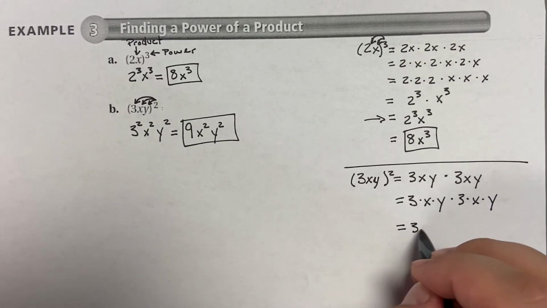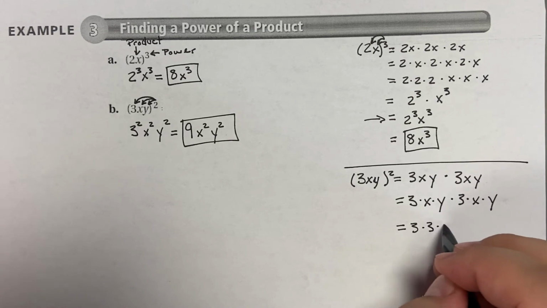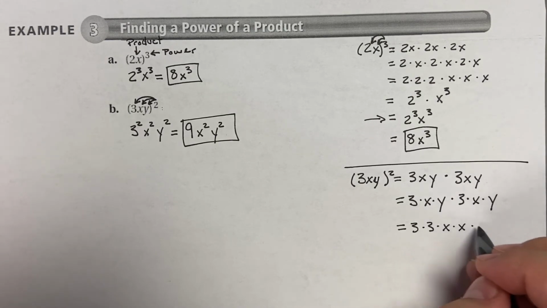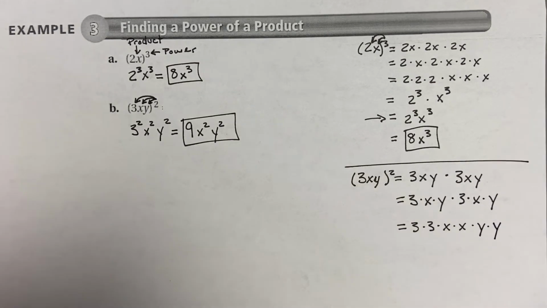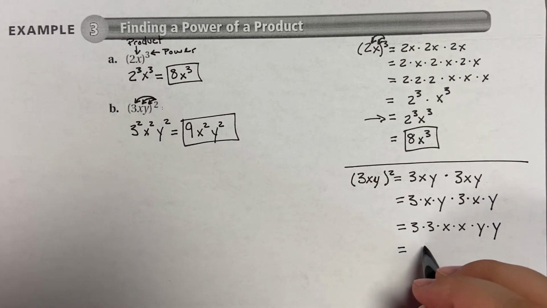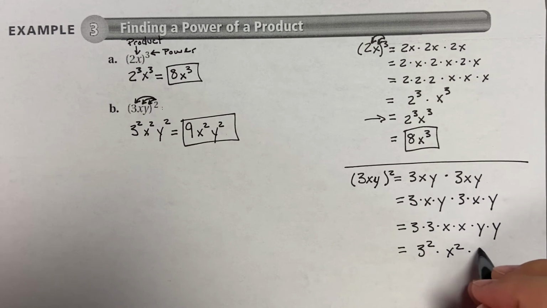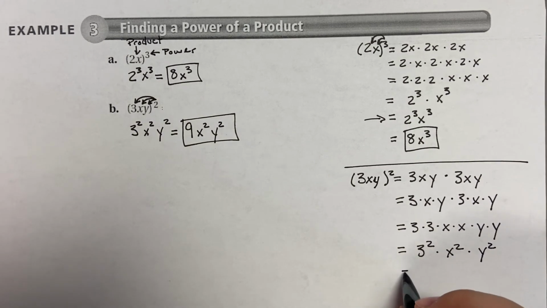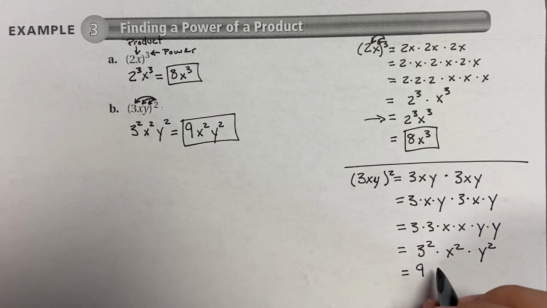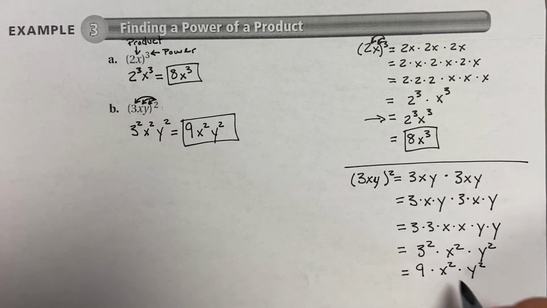That's the same thing as 3 times 3, x times x, y times y, which is the same thing as 3 squared times x squared times y squared, which is the same thing as 9 times x squared times y squared. Since these are variables, I don't need the dots. So 9x squared y squared, and I get the same answer.